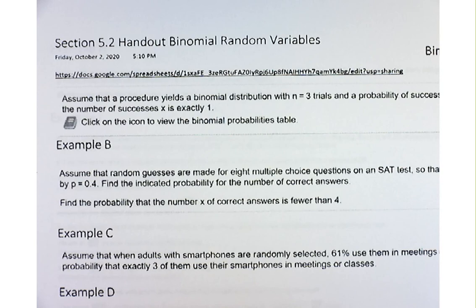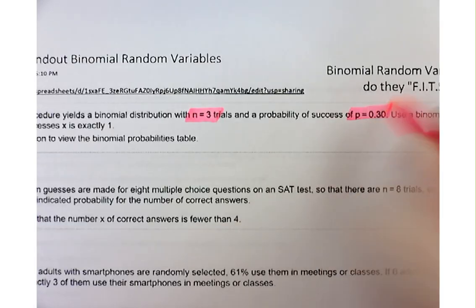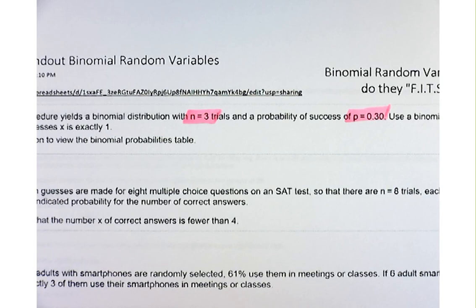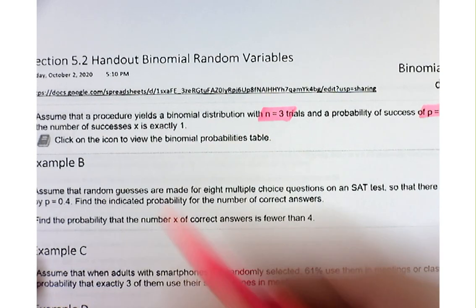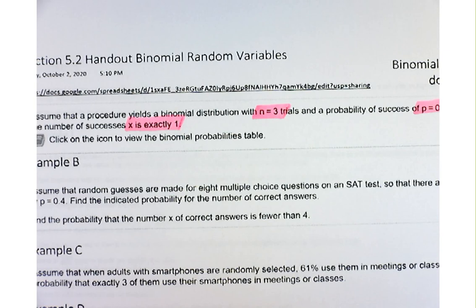For the first example, just to practice with this command, we're going to assume that we have a binomial distribution with n equal 3 trials. Probability of success is 0.3. And we want to find the probability of exactly one success. So maybe you're flipping a coin that's pretty biased, comes up heads only 30% of the time.